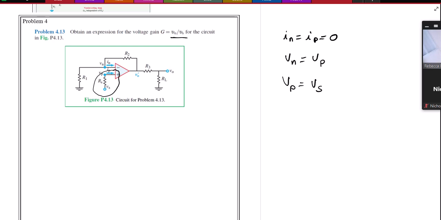Now I'm going to look at this V out prime right here. So this is V out. V out prime is what's actually coming right out of the op amp.